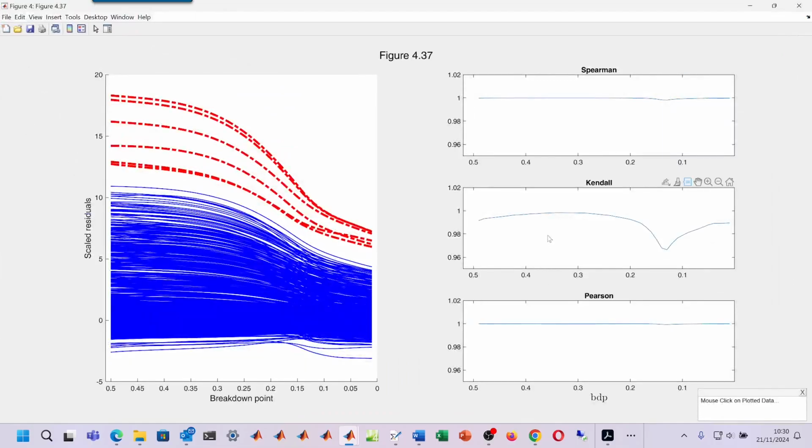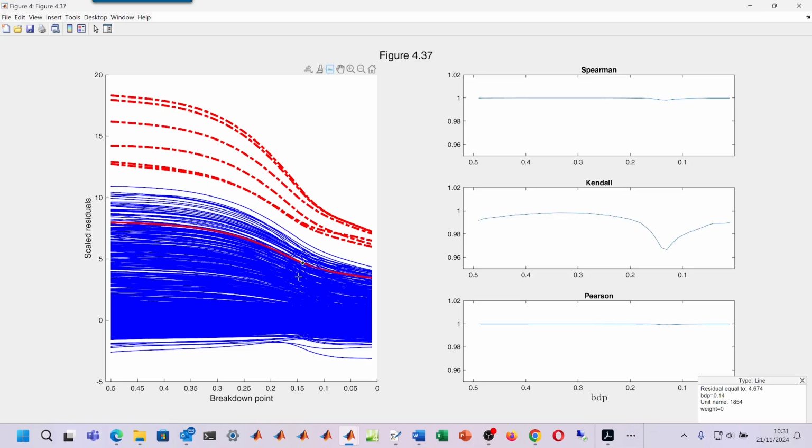On the right, we have 3 measures of correlation, because the goal is to understand when there is a change in the fit. And you can see from this Kendall measure that around 0.14 or 0.15, there is a change in the ordering of the residuals.